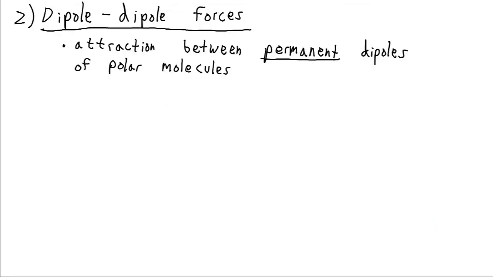temperature. Next major category of intermolecular force is dipole-dipole forces. This is when we have molecules with permanent dipoles. An example of something with a permanent dipole is hydrofluoric acid. So fluorine is very electronegative, hydrogen is very electropositive in comparison. Together we have a polar covalent bond with an overall dipole for the molecule.